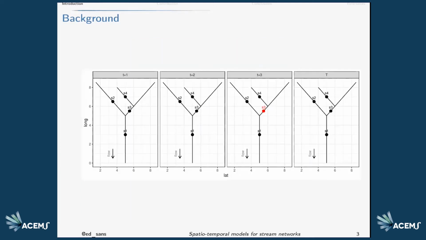This is the same representation of the network, but across time. Let's say that we want to estimate what happened in spatial location S3 at time 3, and it's going to be conditional on what happened at the same spatial location in previous time points, let's say T1 and T2, but also on what happened on the neighboring sites.